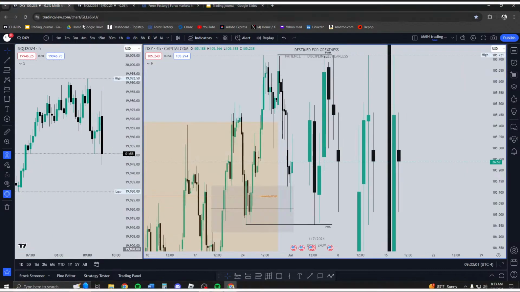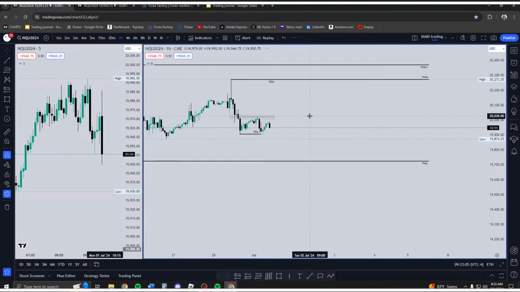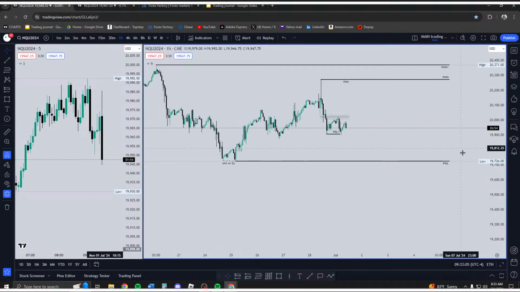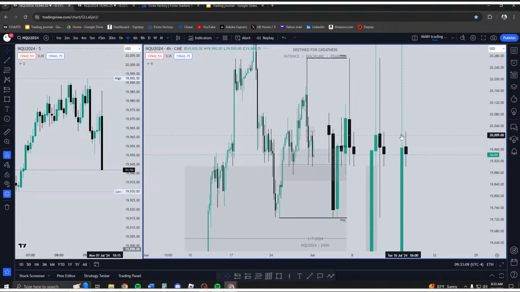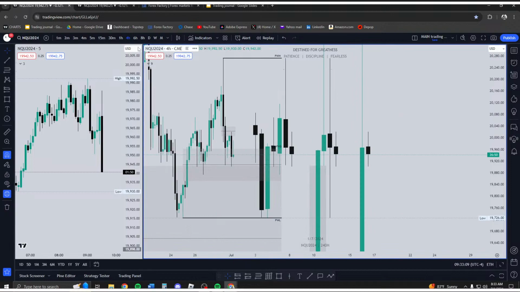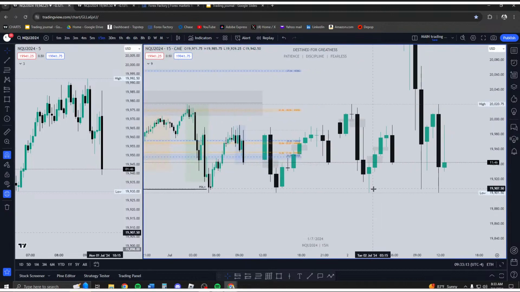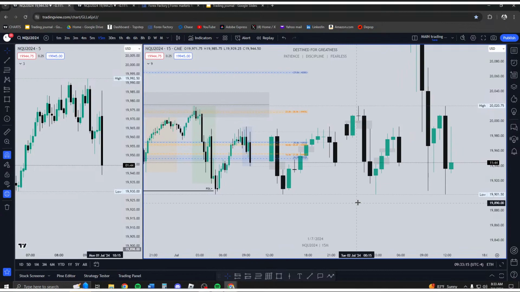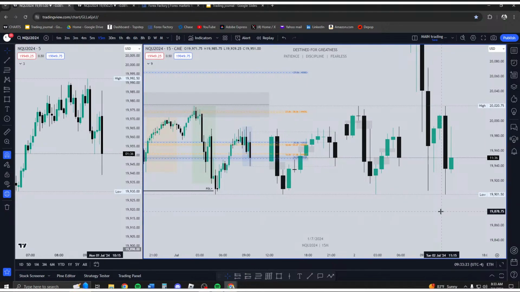And NQ starting to sell off again. So it looks like we might disrespect these hourly FVGs here. We'll see how we close in about 27 minutes, if we respect these hourly FVGs or not.